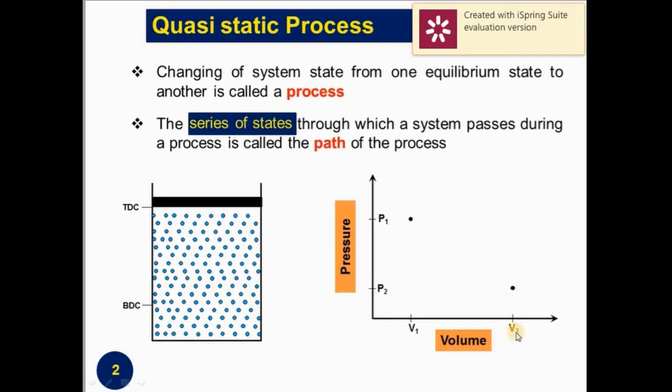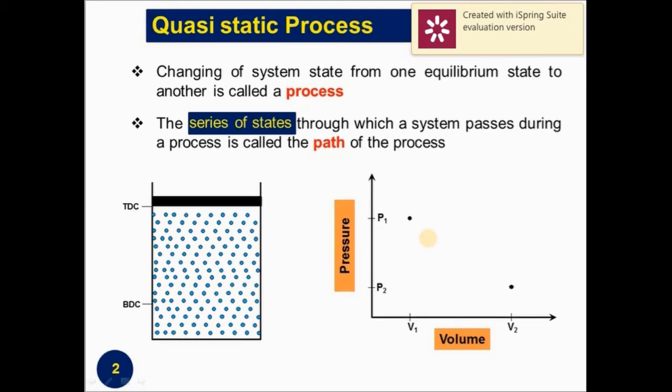So in this way, the process is completed as the system changes its state from one equilibrium state to another equilibrium state. However, we cannot identify intermediate states as the properties keep on changing within the system and the system is not in equilibrium. This process path can be like this or maybe like this. So we are not able to define the path of this process.